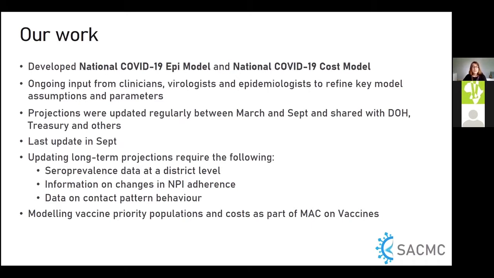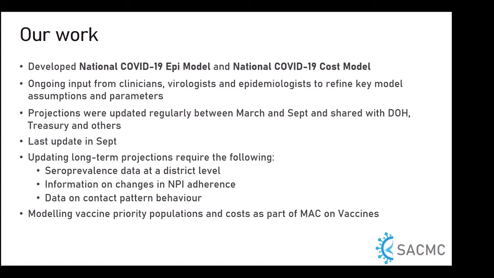When it comes to the resurgence or the second wave, we have not been able to put out long-term projections incorporating that as yet. And that is because we require additional data on this. We need to know what the exposure has been of people across the country at district level, so essentially data on the SARS-CoV-2 seroprevalence. We also need a way of approximating changes in adherence to non-pharmaceutical interventions.